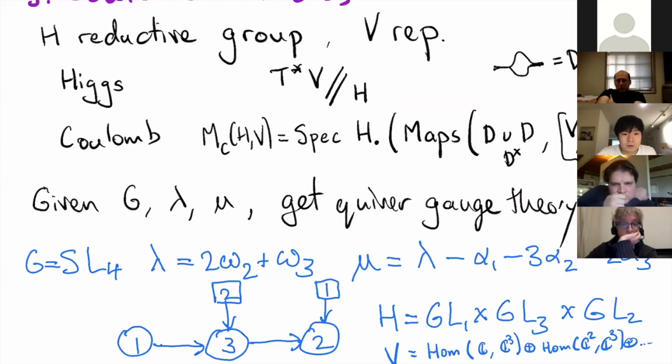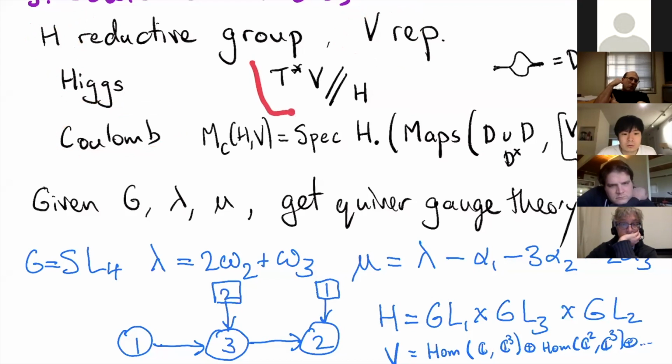But in principle, you could take any reductive group and any representation of that reductive group. Physicists say that this defines a 3D N equals 4 gauge theory. And this gauge theory has two spaces associated with it, which are called the Higgs branch and the Coulomb branch.